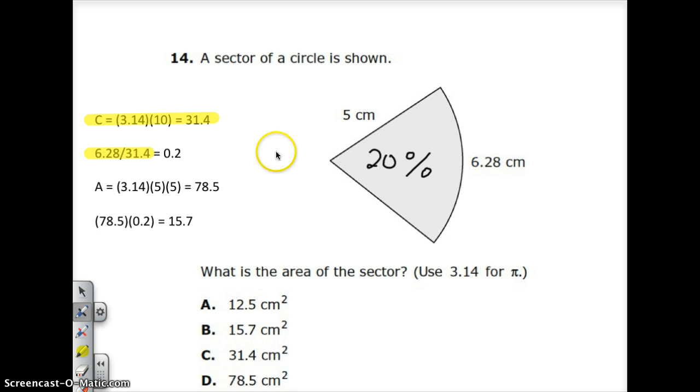So once we know the area, we would multiply that by 20%. So to find the area, pi r squared, again, we just got done doing this, so 78.5 centimeters squared. 78.5 times 0.2, 15.7 centimeters squared is the area of the sector.